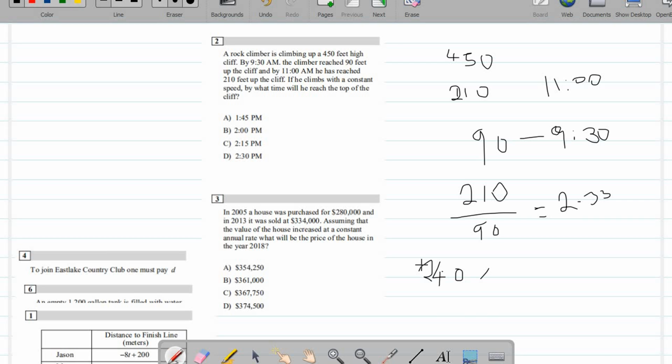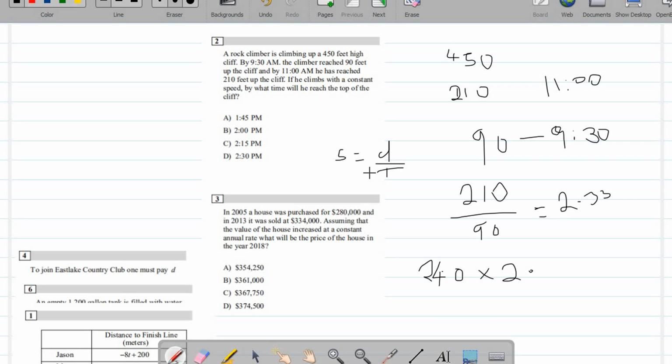240, that's the distance, over time is the speed. So speed is equal to distance over time.